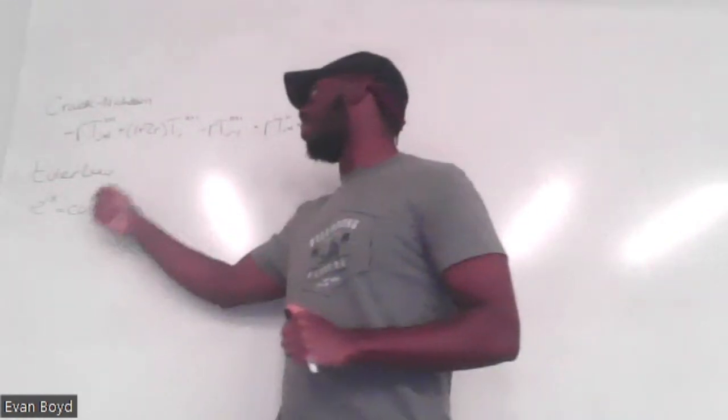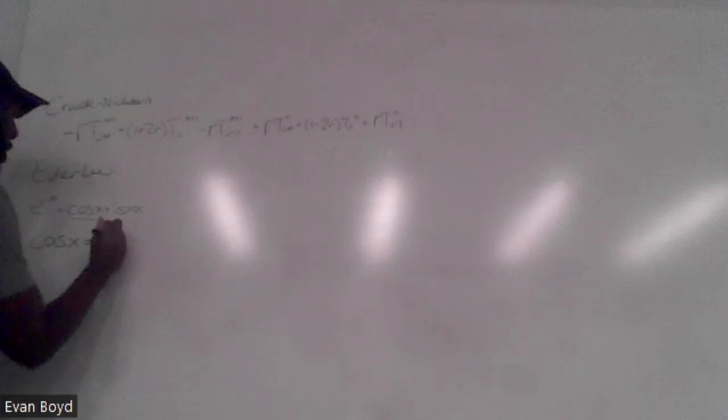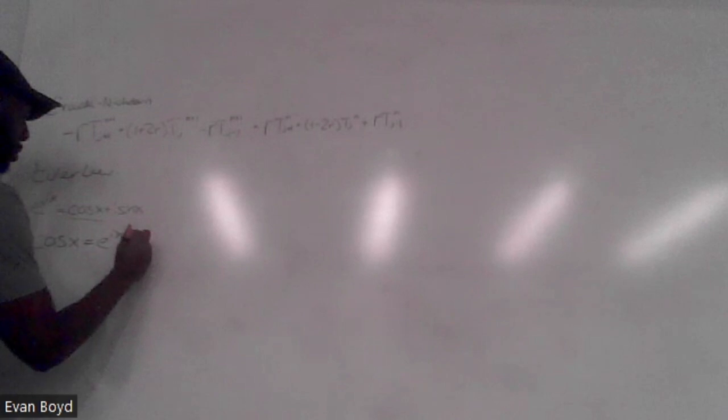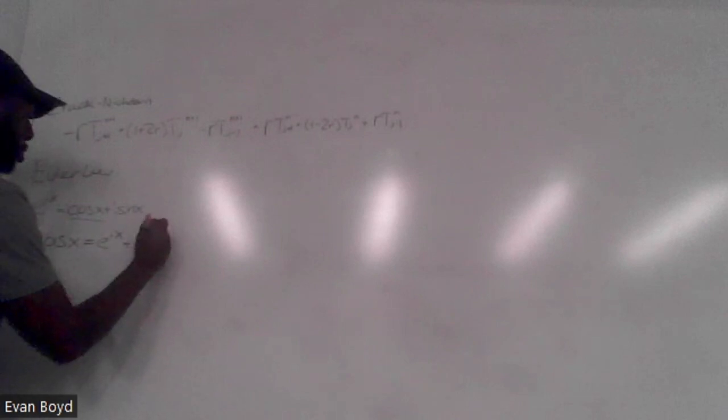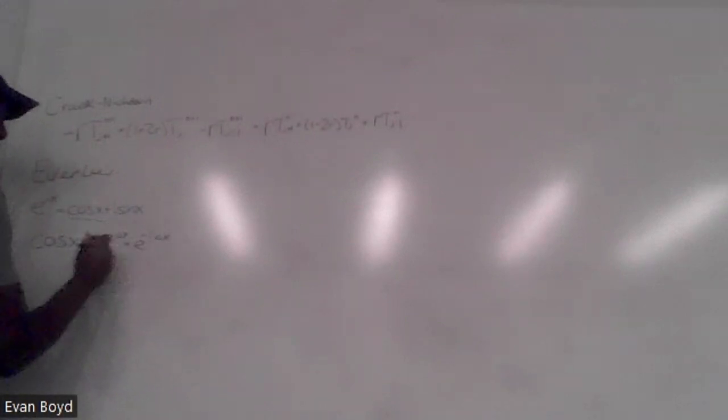Remember Euler's law, which states that e to the iX is equal to cosine of X plus i sine of X. We derived this equation to find cosine of X by itself. If you remember from the last video, cosine of X is equal to e to the iX plus e to the negative iX, divided by 2.